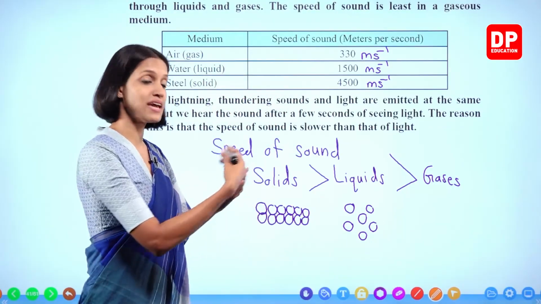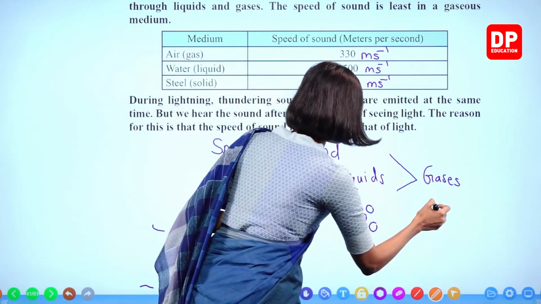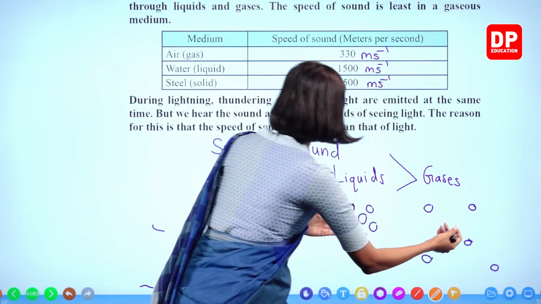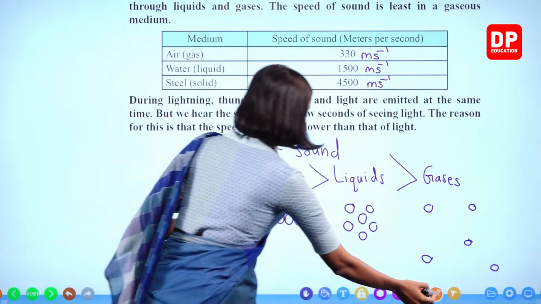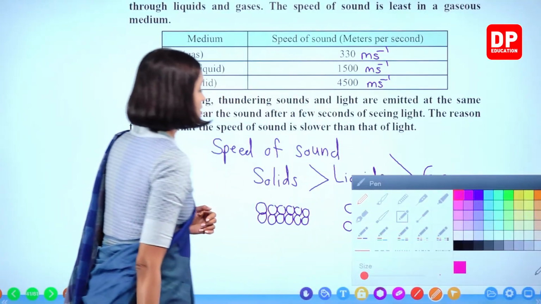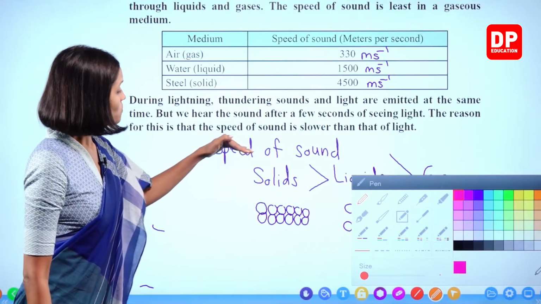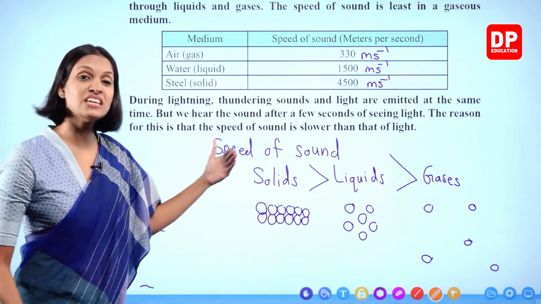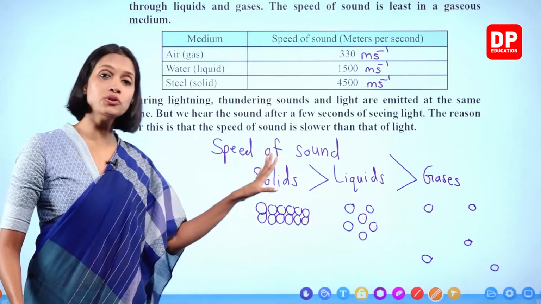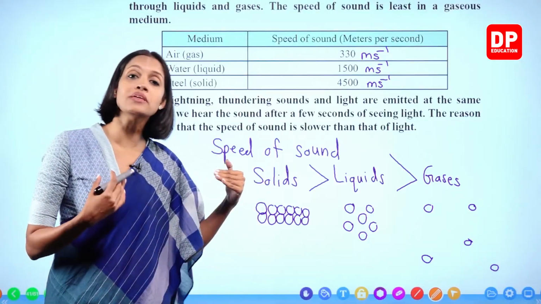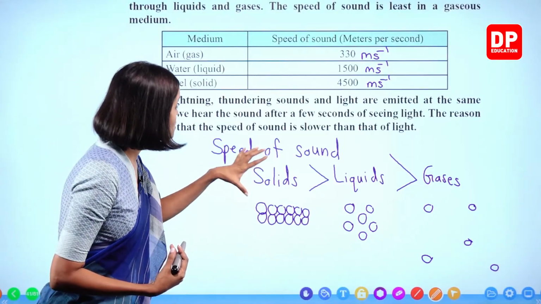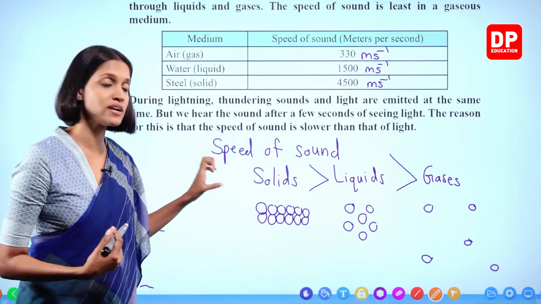When you consider gases, what happens, children? There are large spaces among gaseous particles compared to liquids and solids. Okay, children? So when you consider the propagation of sound through solids, it's very easy because now we all know that there must be a medium for the sound to travel. Right? So in solids, what happens?